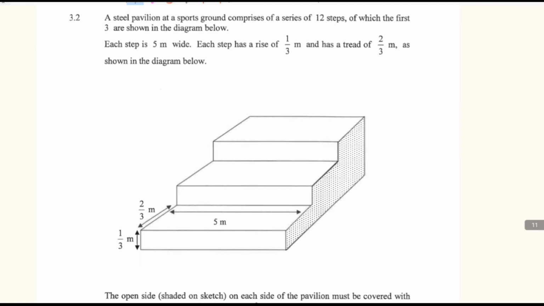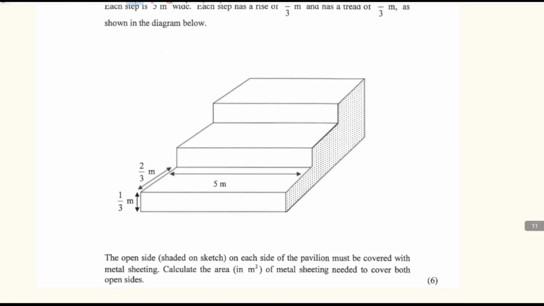It is further given that the open side, or the shaded part on each side of the pavilion, must be covered with metal sheeting. So we calculate the area in square meters of metal sheeting needed to cover both open sides.